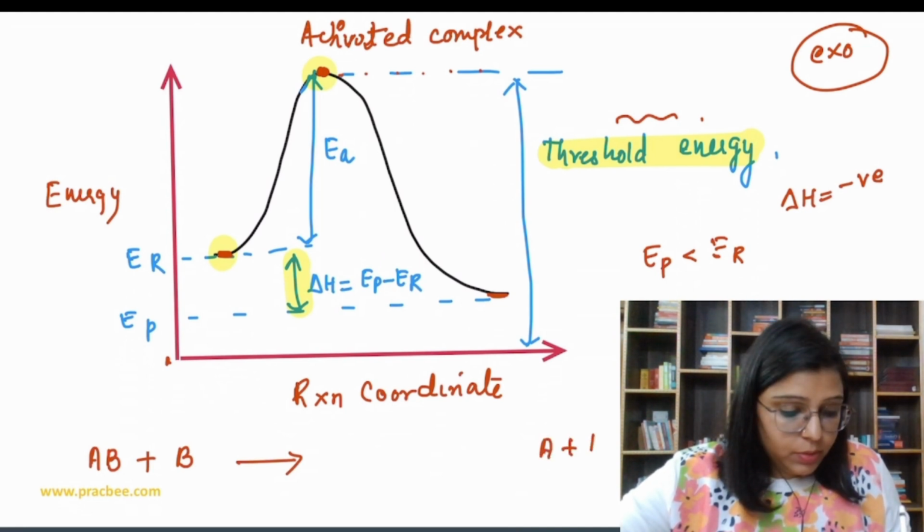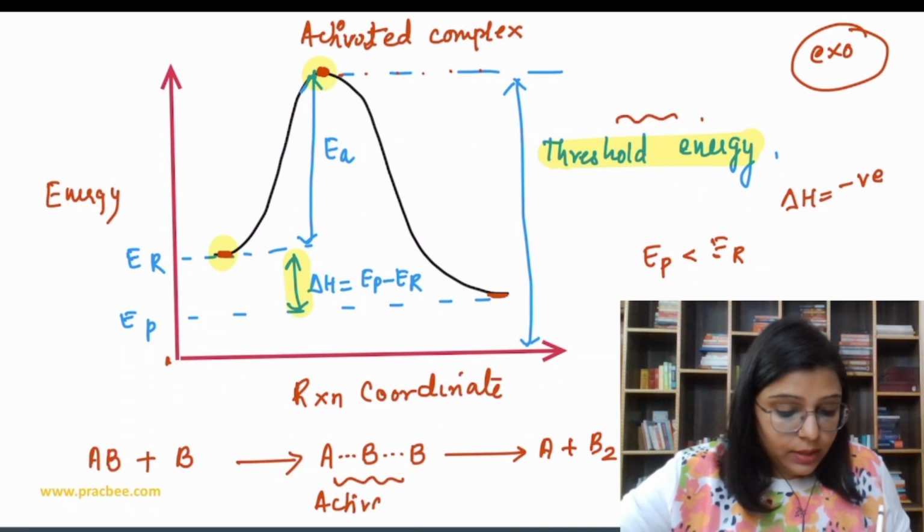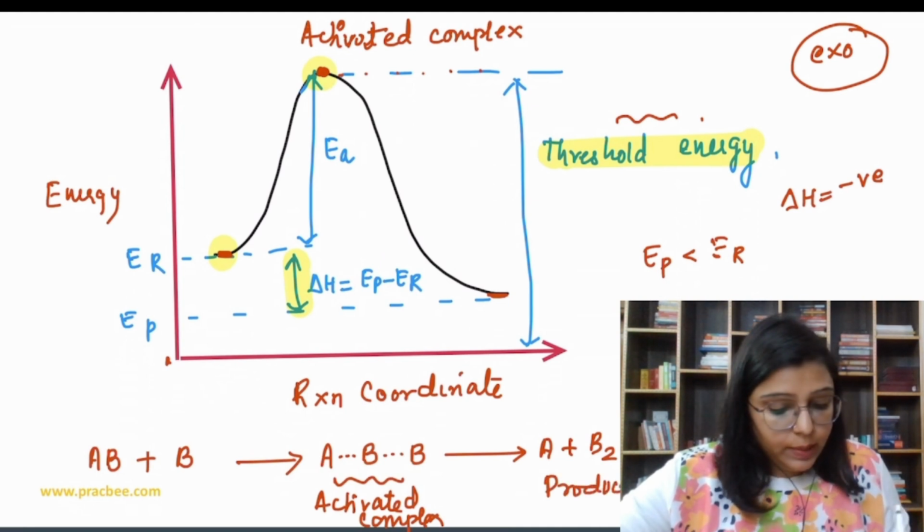We form A plus B2. The bond present between A and B is going to dissociate, and we have new bond formation between B. So this is the activated complex. A plus B2 is the product, and AB plus B is the reactant.